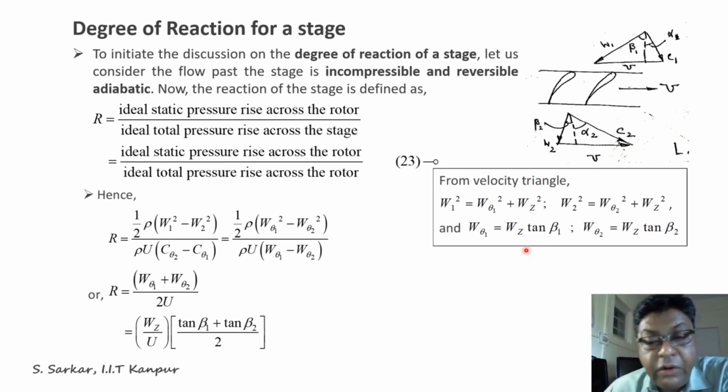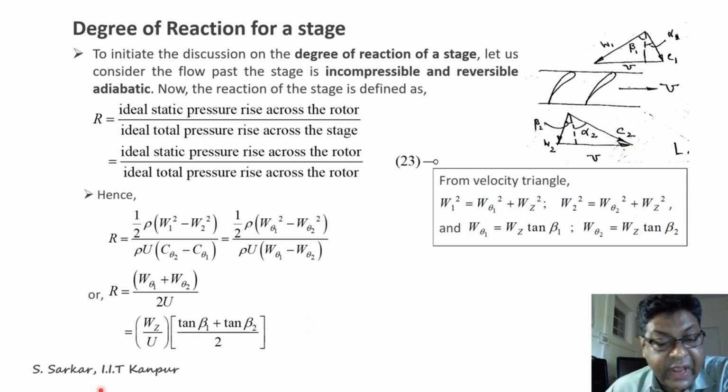So putting the value of W theta 1 and W theta 2, the degree of reaction R can be stated as Wz by U within bracket (tan beta 1 plus tan beta 2) divided by 2. Now Wz by U is the flow coefficient phi, and (tan beta 1 plus tan beta 2) by 2 is nothing but tan beta m.